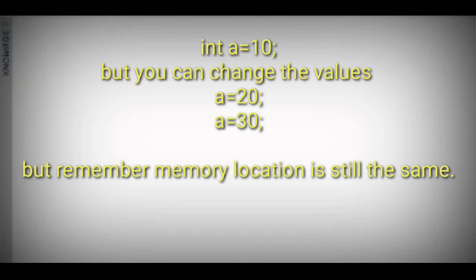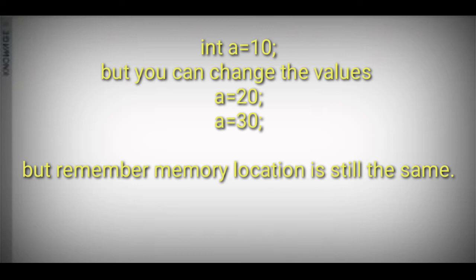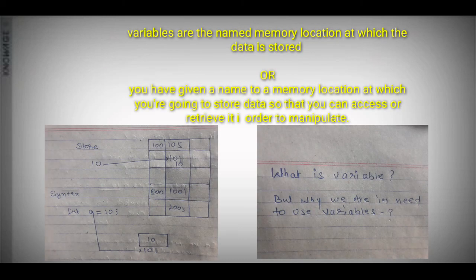Now you can change the value to 20, 100 or 5000, whatever you want, but remember that the memory location will remain the same. So now we know what a variable is and why, being programmers, we need to use variables.